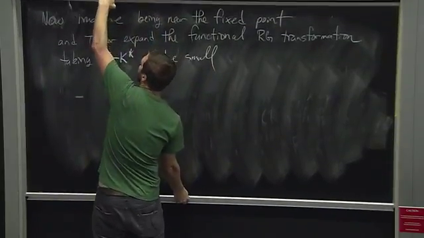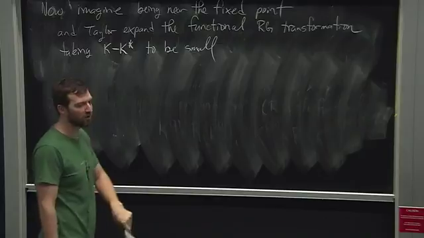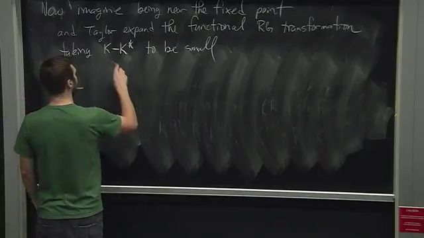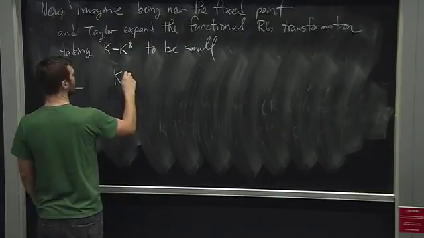And we're imagining we're not exactly at the fixed point, but just so close that K minus K star is small.